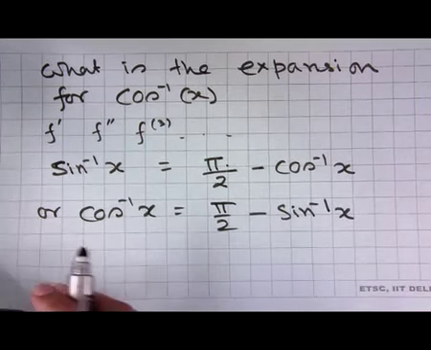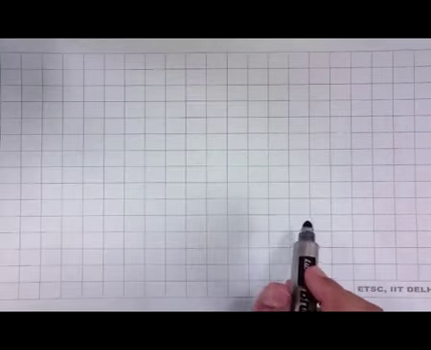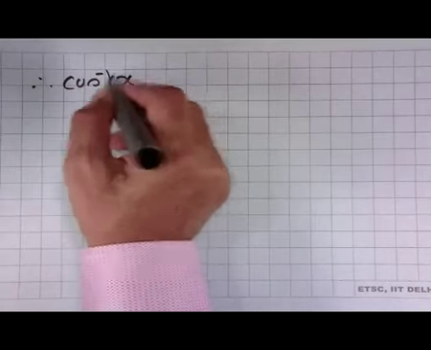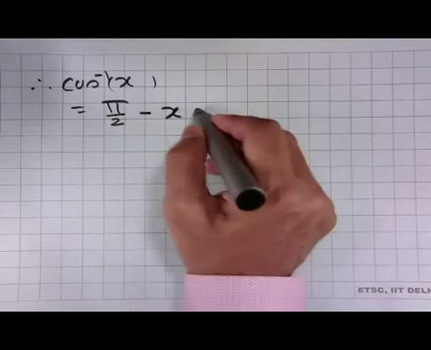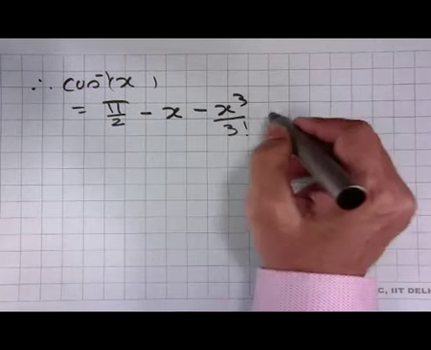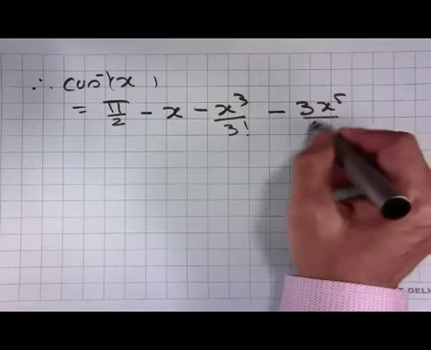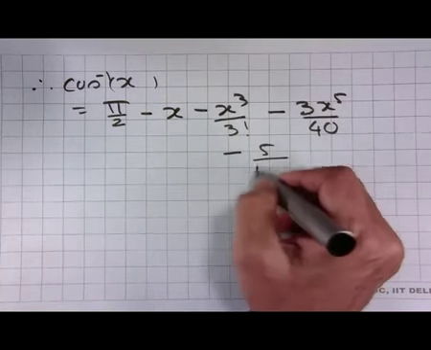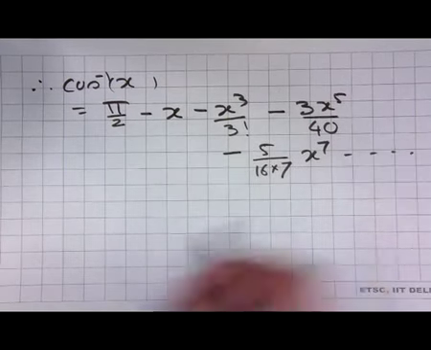Therefore, by inserting the value of sin inverse x, we can get that cos inverse x is equal to pi by 2 minus x minus x cube upon factorial 3 minus 3 x to the power 5 upon 40 minus 5 upon 16 into 7 x to the power 7, like that.